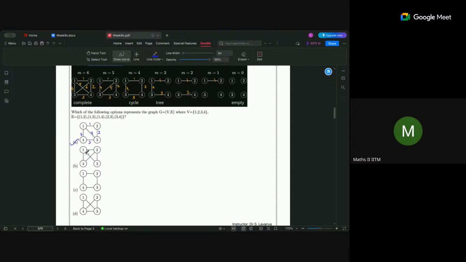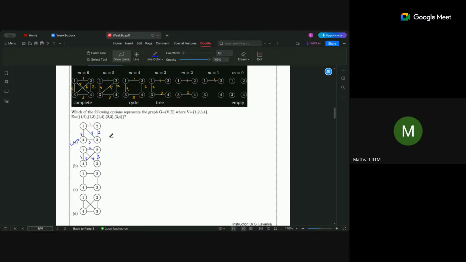What about the second one? Why can the second one not be a graph? What's wrong with the second one? How many edges do we see? 1, 2, 3, 4, 5. Here also 5 only. But why can it not be a graph for this particular edge set E?